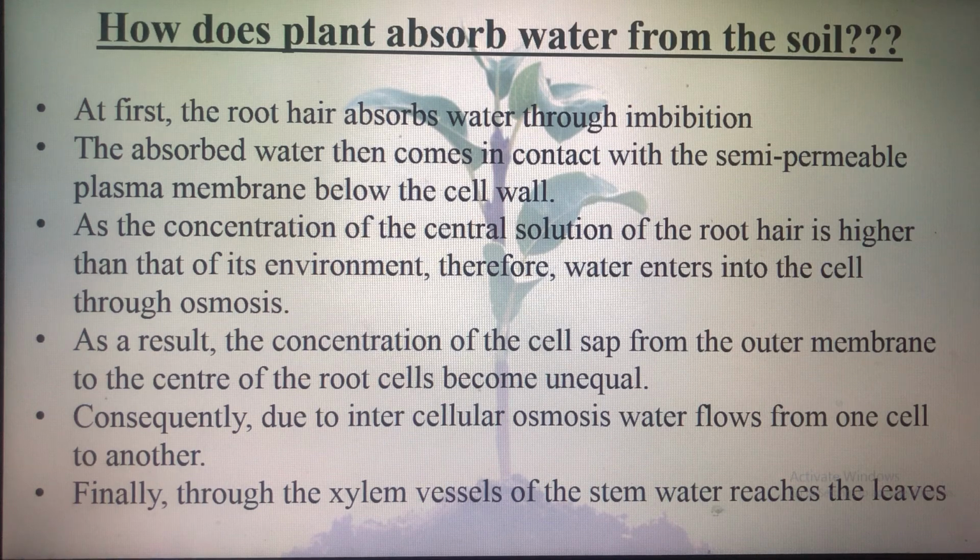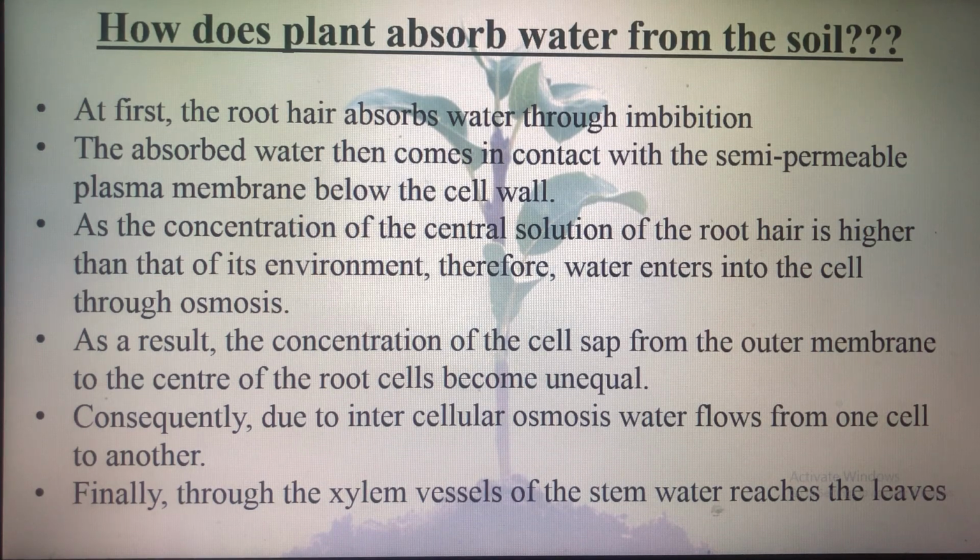Similarly, the concentration of the central solution of the root hair is higher than that of its environment, and therefore osmosis will occur. So now the question is, what is osmosis? We know that if two differently concentrated solutions containing the same solvent are separated by a semi-permeable membrane, then the solvent tends to move from its higher concentration to its lower concentration, and this process is known as osmosis.